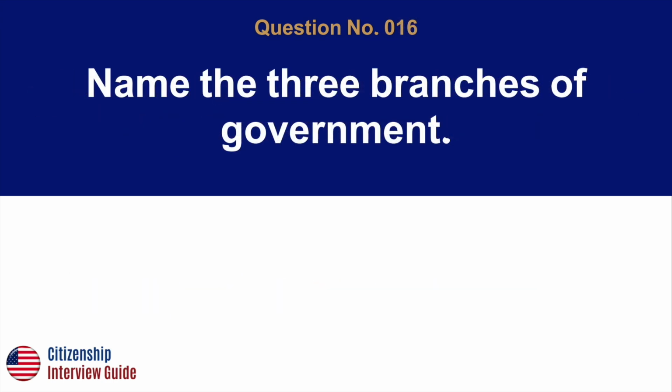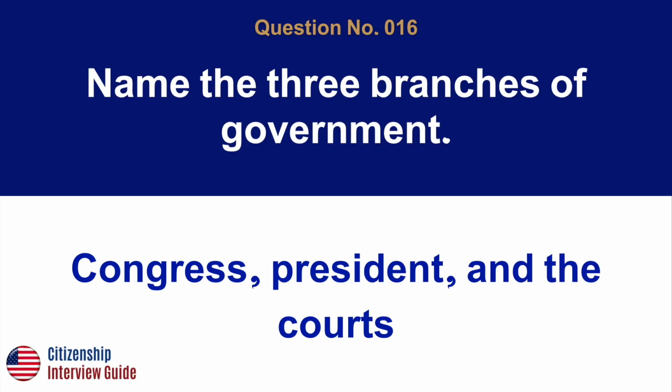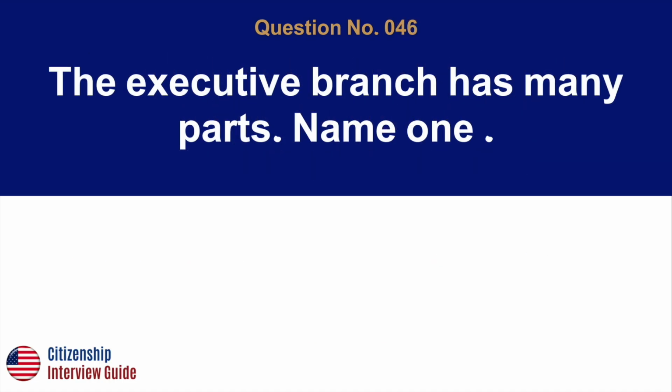Name the 3 branches of government. Congress, President, and the courts. The executive branch has many parts. Name 1. President.